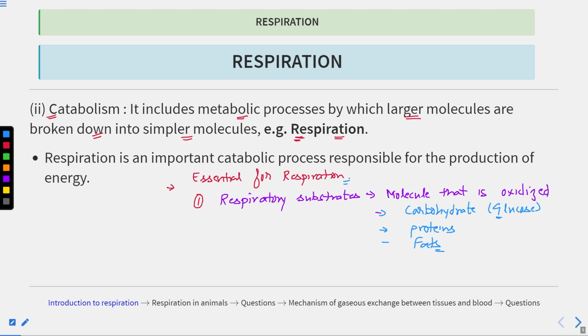So these three, carbohydrates, proteins and fats, are the respiratory substrates, and glucose is the main one. If glucose is not available, then proteins and fats will be oxidized to liberate energy. And from these respiratory substrates, fats liberate the highest energy upon oxidation.